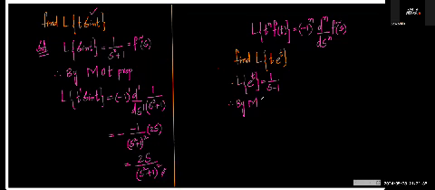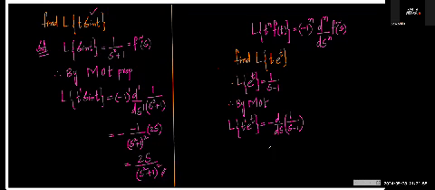Therefore, by multiplication of t property, Laplace of t e power t is equal to, since the power is 1, we have to differentiate this value only one time, minus d by ds of 1 by s minus 1.